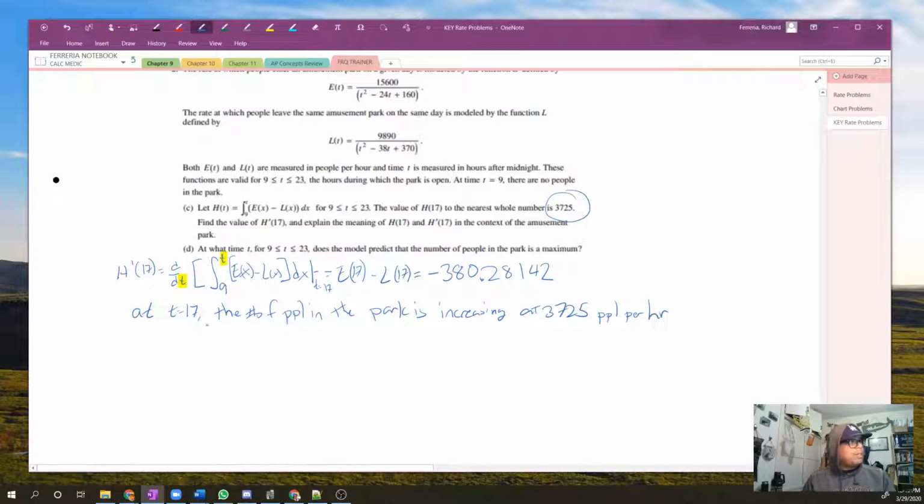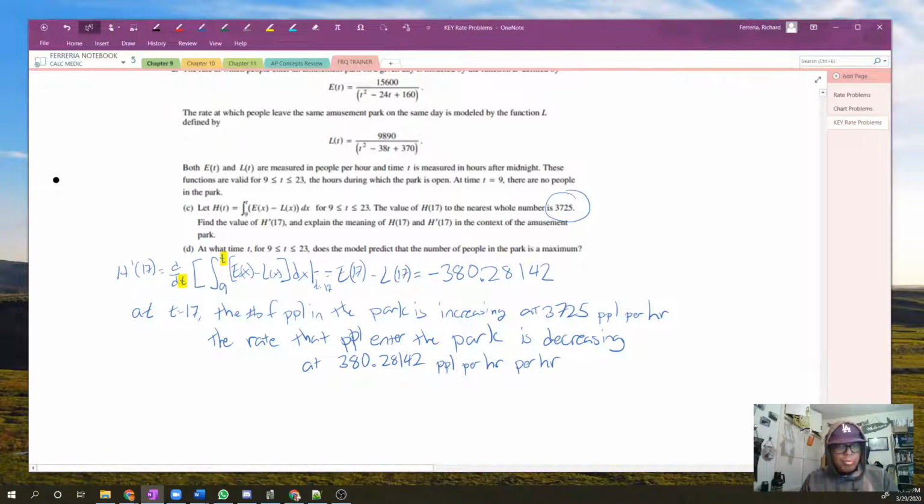So at t equals 17, the rate that people enter the park is decreasing at 380.28142 people per hour per hour. Remember, that's people per hour as a unit changing per hour. Great. That's letter C.